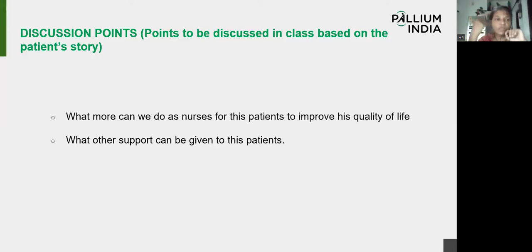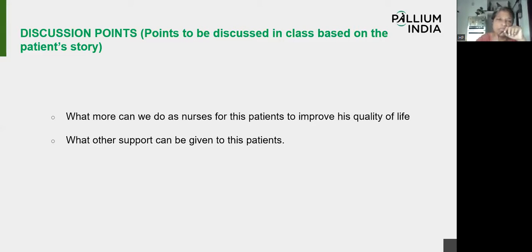The first thought that came to my mind was brain mets. Second, we have to explain this to the family members, because they will be thinking why suddenly the patient is having seizures, fever and vomiting, and this fever and vomiting could have started maybe 1 or 2 days before.